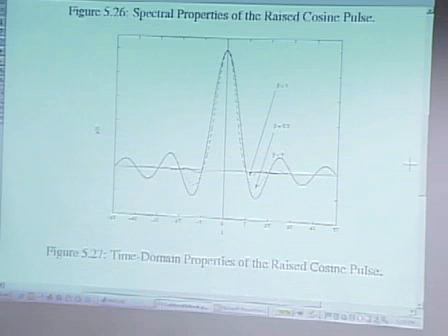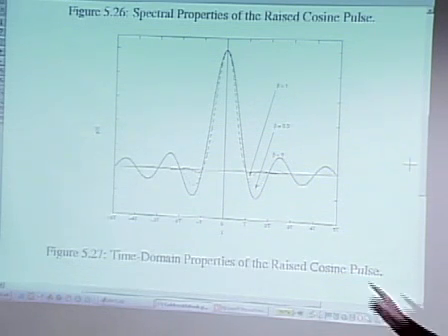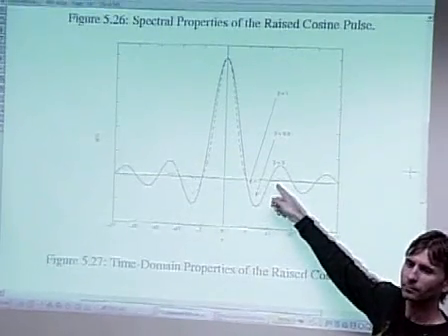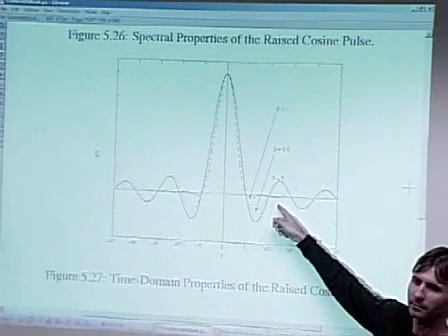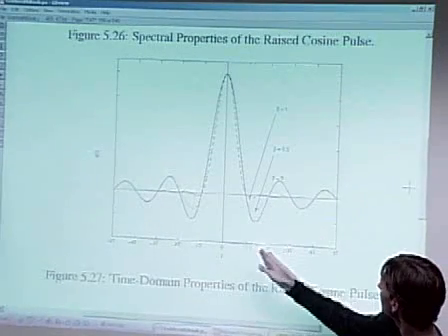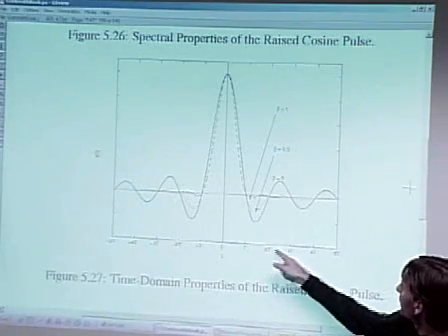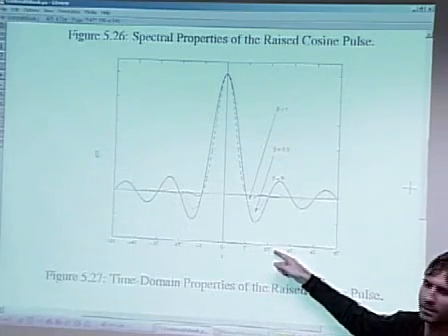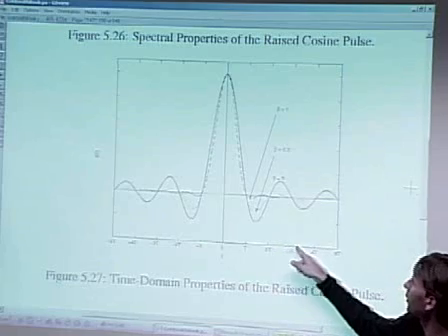Why is that a problem? Why can that be a problem? Anybody else? Imagine your synchronization is not perfect, so your sampling point is displaced a little bit. Then it becomes important. Imagine that my sampling is, instead of at 2T and 3T and 4T, 10% off, for example, so it's at 2.1T, 3.1T.